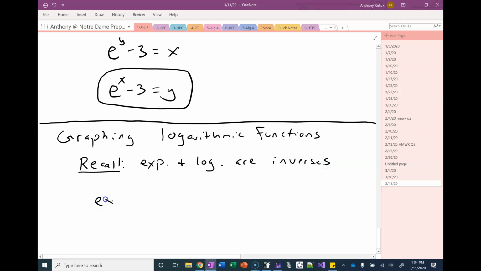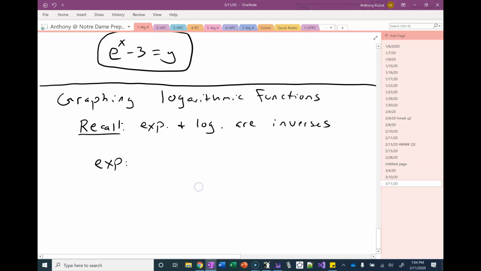So remember, for exponential functions, that looked like this, we have a horizontal asymptote. Does anybody remember how we found the horizontal asymptote for an exponential? It's y equals k. Very good.